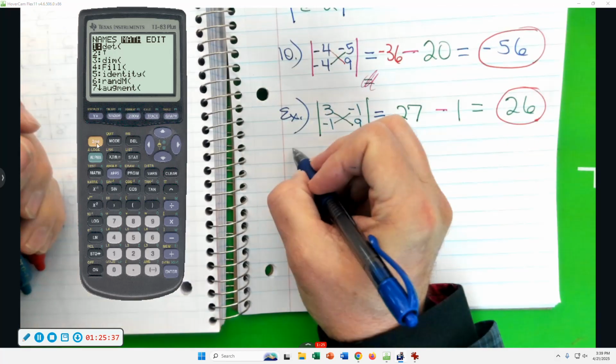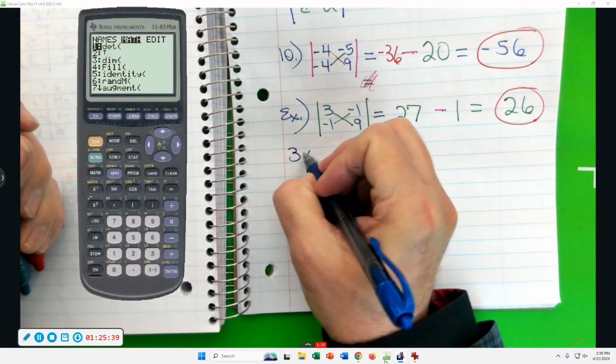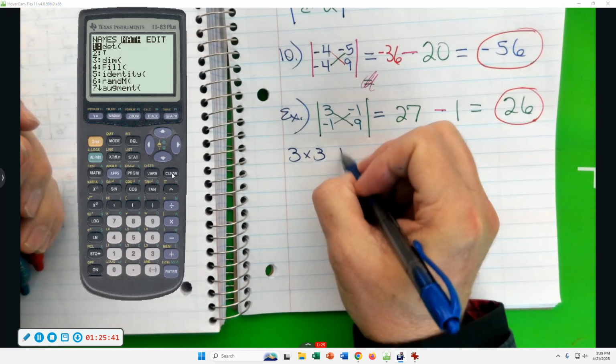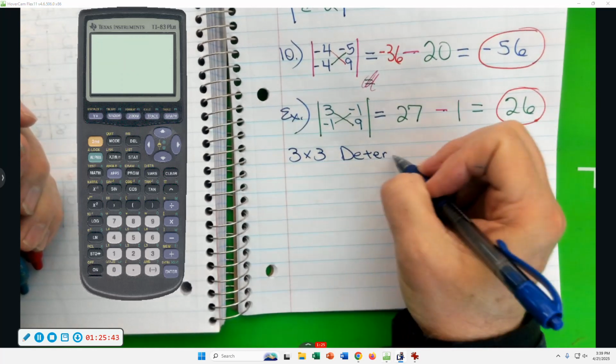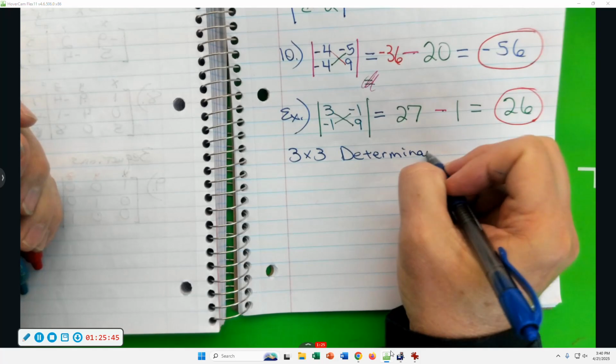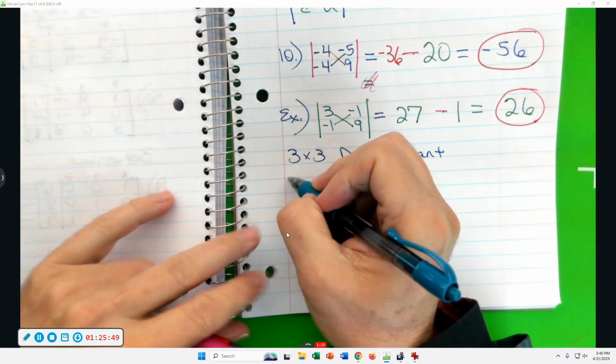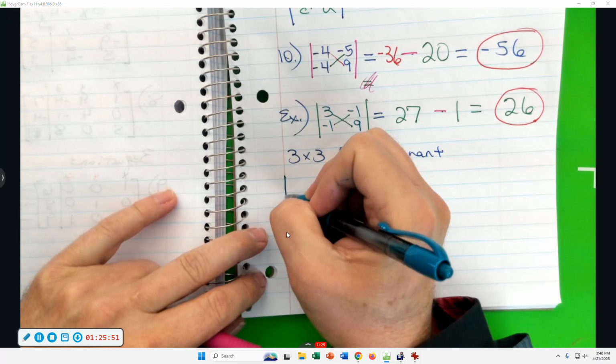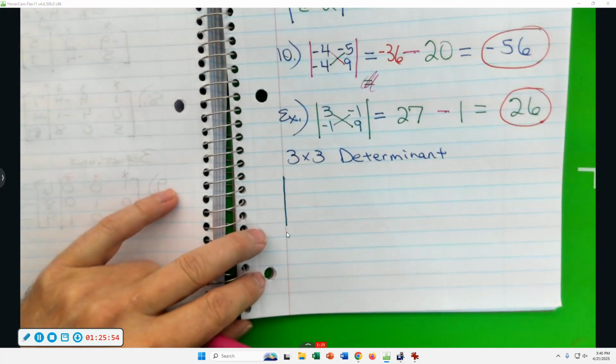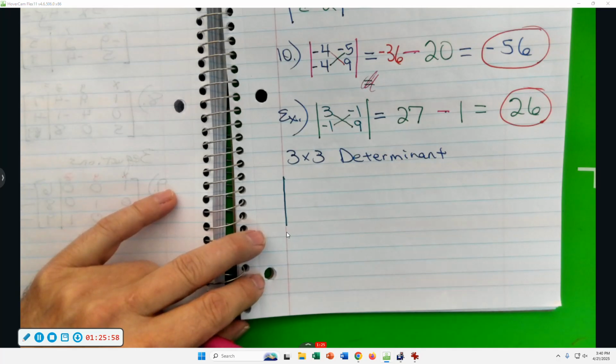Okay. Here's a 3 by 3 determinant. Here's the formula for a 3 by 3 determinant. A 3 by 3 has how many numbers in it? 9 total. There are 3 rows, 3 columns.